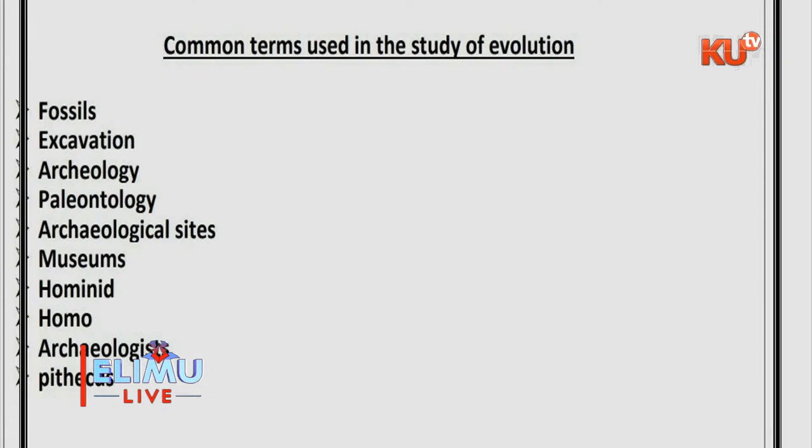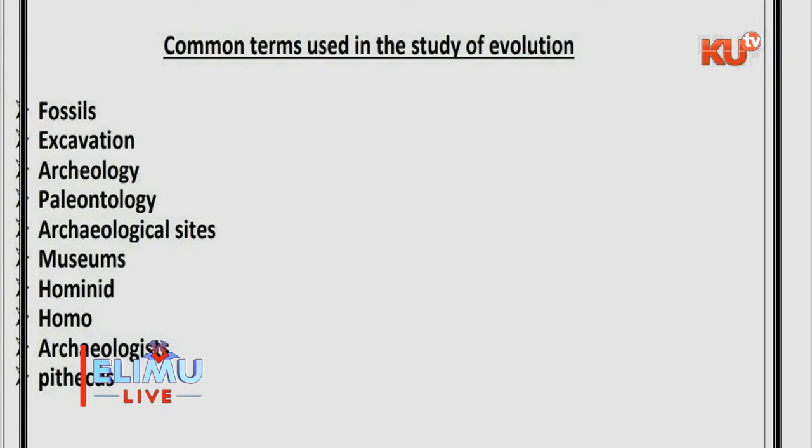Now, let us look at fossils. Fossils are the remains of early man, the remains of plants, the remains of our ancestors, the remains of human beings. All those remains are called fossils. And as you can see from your screen, all those terms follow each other.